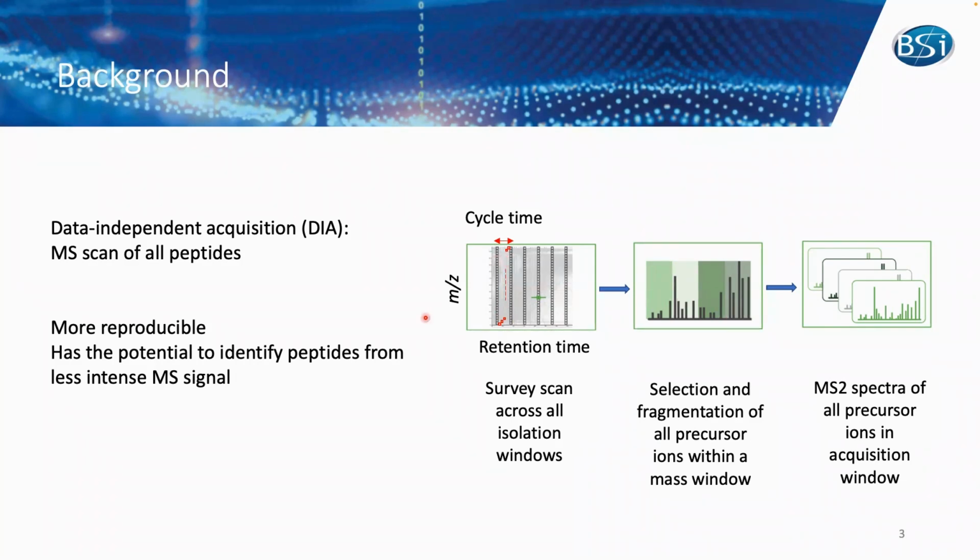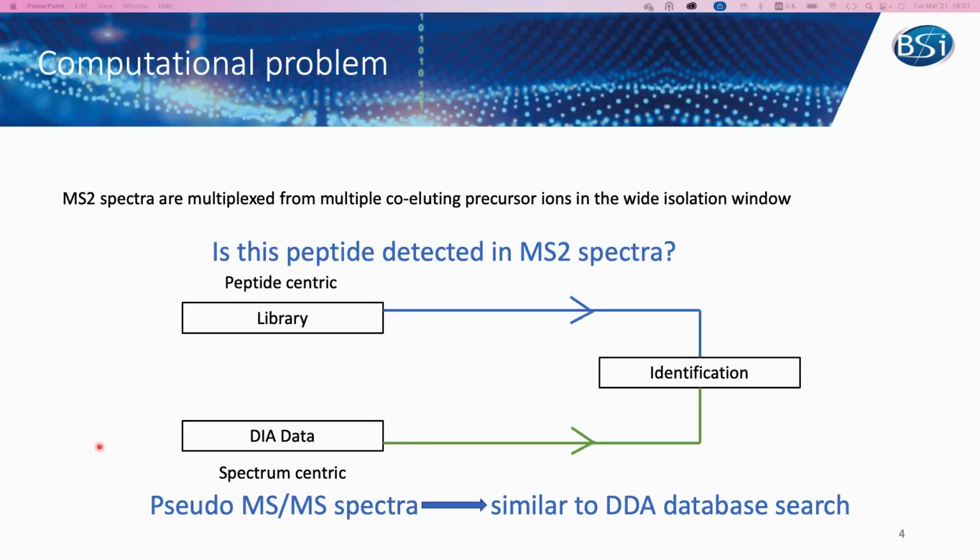Because MS2 spectra in DIA are consistently acquired across all the isolation windows, a complete record of all peptides in a sample is produced, and compared with DDA, DIA data are more reproducible.